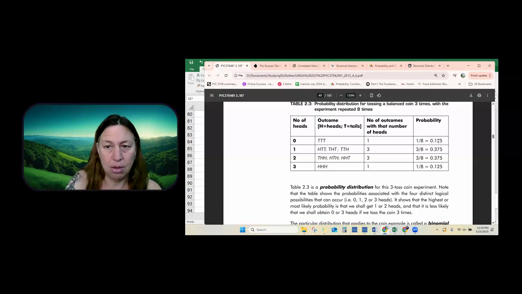And here, you'll see that it's less likely that you'll throw no heads, that's common sense, and more likely that you'll throw 1 or 2 heads, and less likely again that you'll throw 3 heads. And if you look at these numbers, you can see that they are symmetrical. In other words, the odds of throwing 3 heads is the same as throwing 0 heads. And here, the odds of throwing 2 heads or 1 head are the same. Okay, that's all we need to know there.